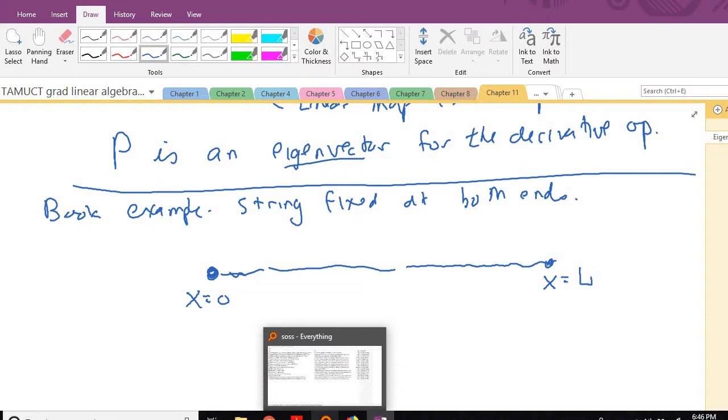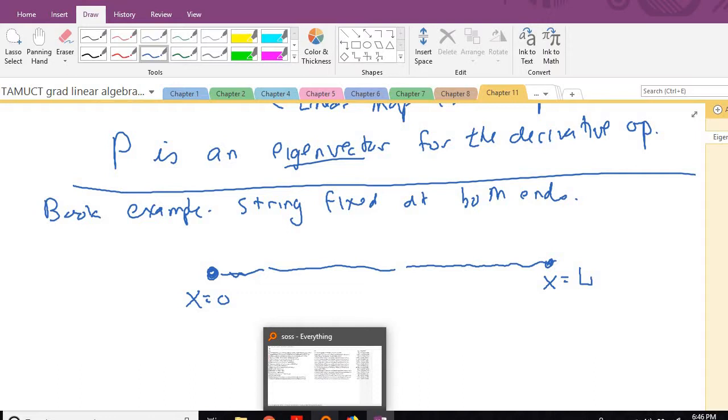Now, what do you do with a violin string? You pluck it, right? When you pluck it, it moves. So each one of these points on the string will move as a function of time.